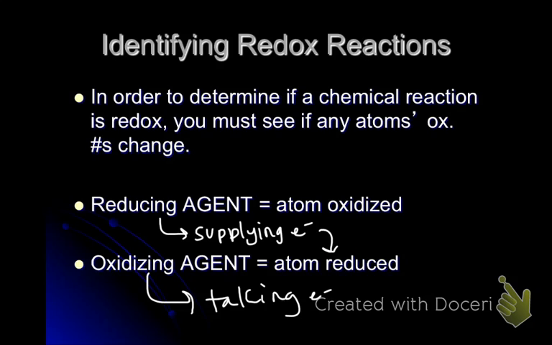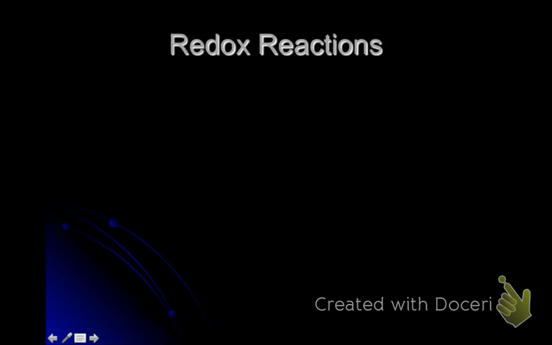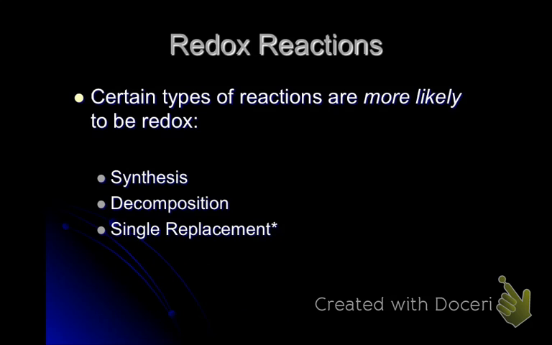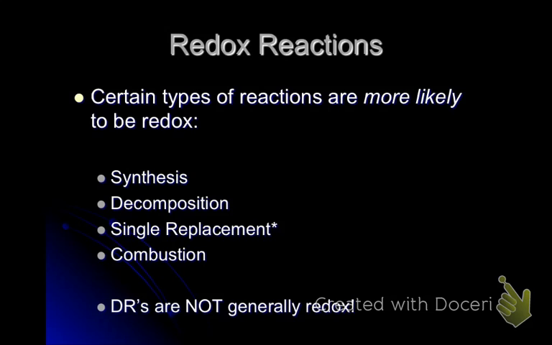So what we want to do here is look at some redox reactions. Certain types of reactions are always more likely to be redox. We're going to do some examples. Synthesis would be an example of that. Decomposition is usually redox. Single replacement is usually redox, and combustion. So those four, and then double replacement's usually not.